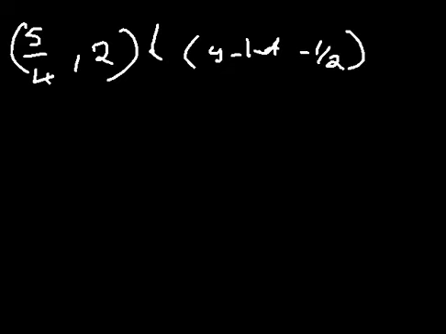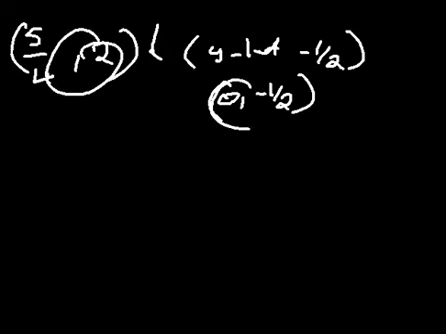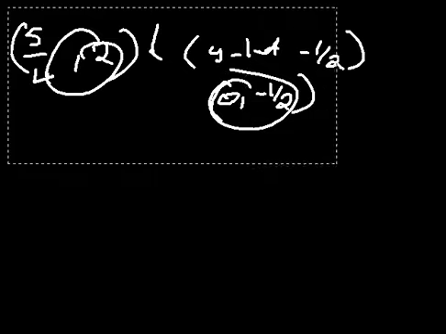So what is the equation of that line? Y-intercept negative half means the point (0, -1/2). So you have the point and the gradient, then the equation of a line. So try to work that one out on your own.